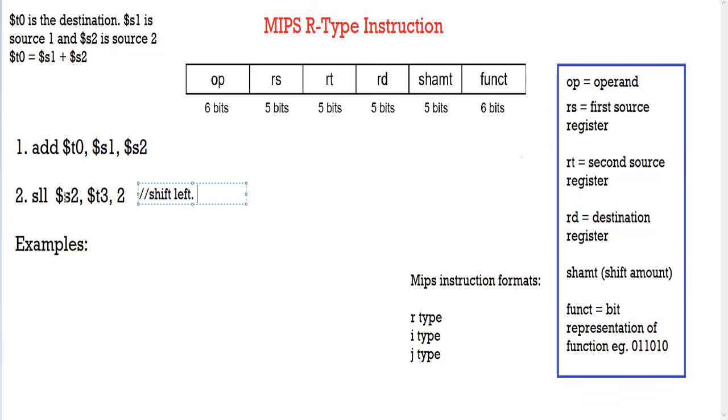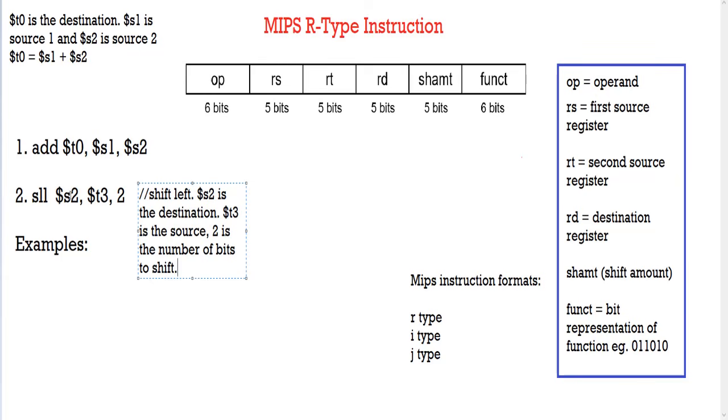So S2 is the destination, T3 is our source, and 2 is the number of bits that you have to shift.